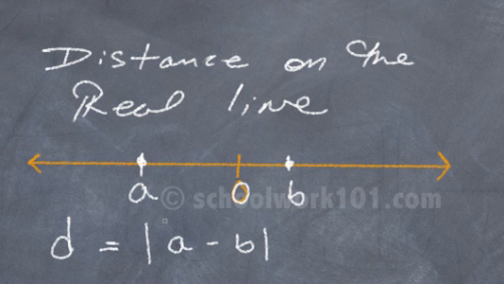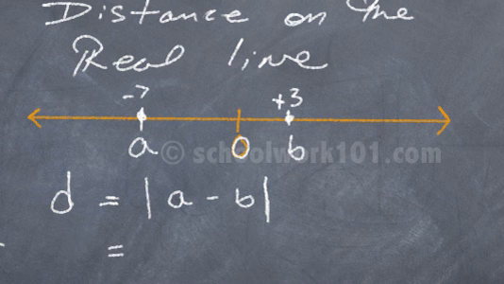Okay, so why do we use the absolute value bars? Well, let's look at an example here. Let's say that this happens to be -7, and we'll say that this is +3. And so let's say I don't use the absolute value bars.